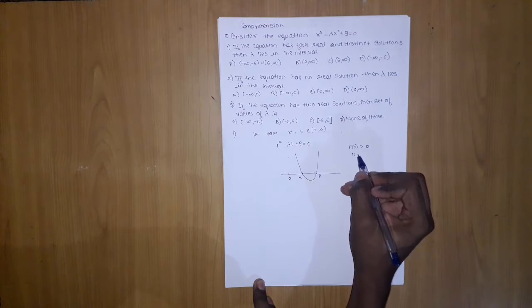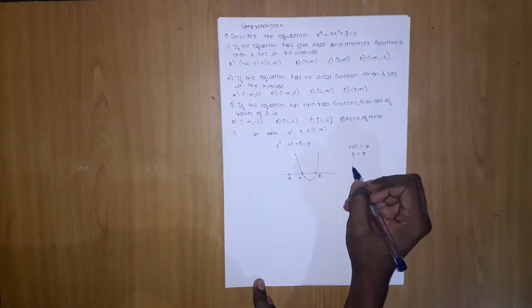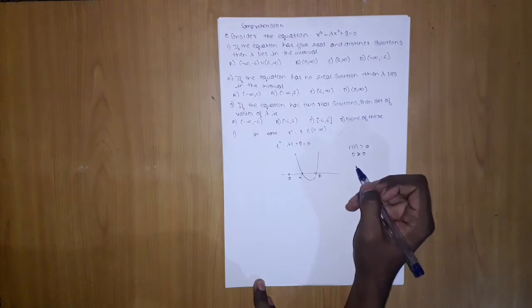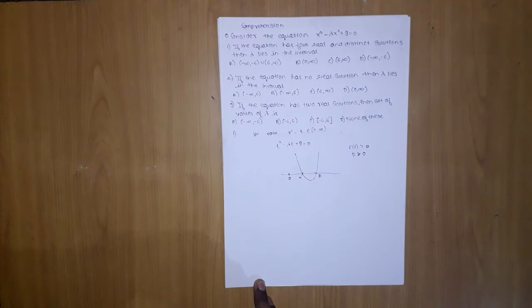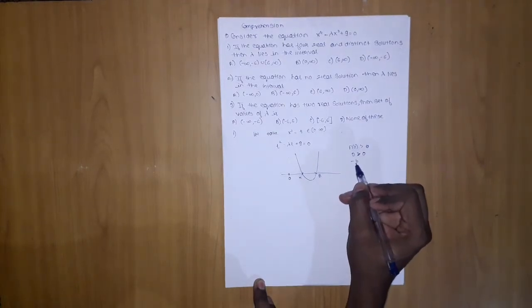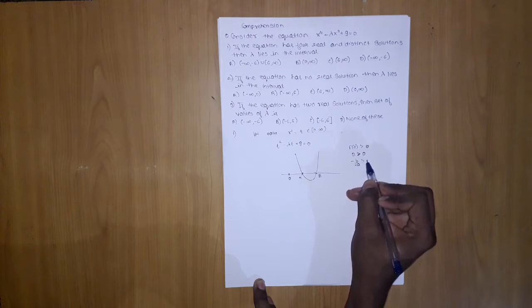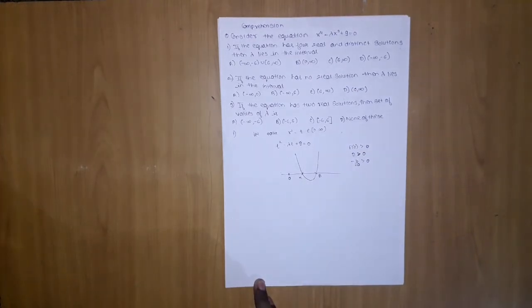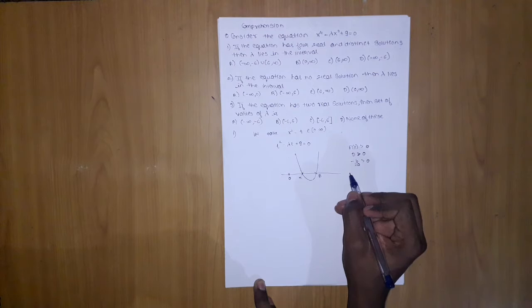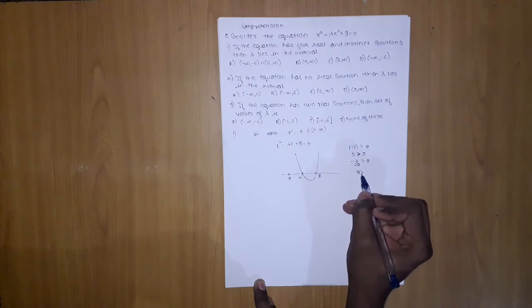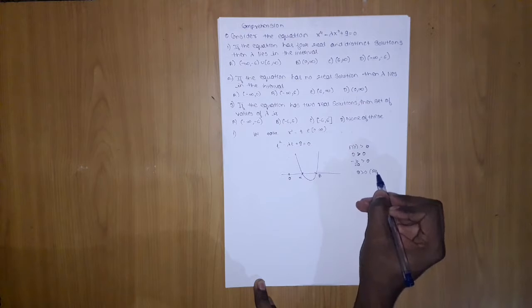Second, D should be greater than 0. The last condition is minus b by 2a should be greater than 0. Let's check: f of 0 is 9, which is greater than 0, so it is always true.